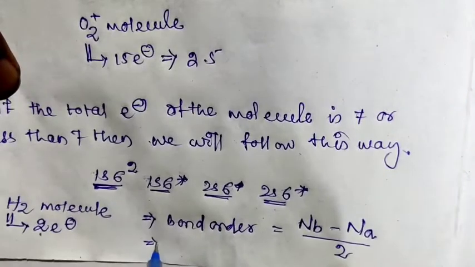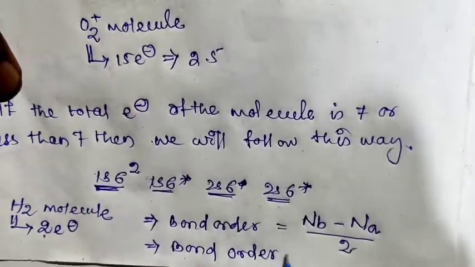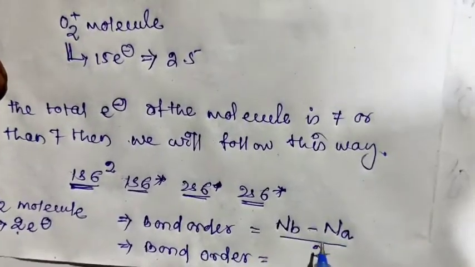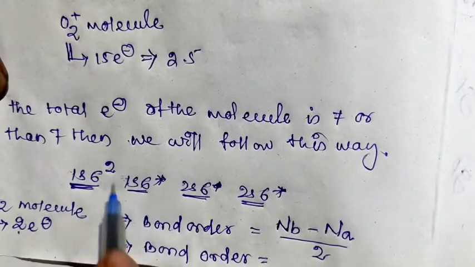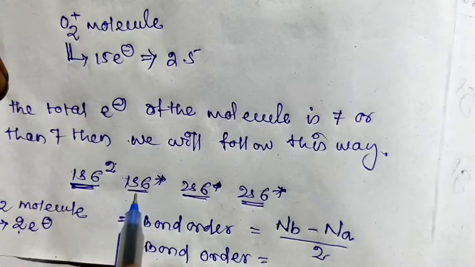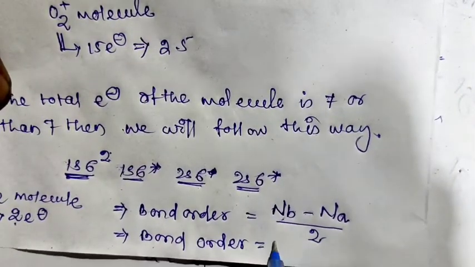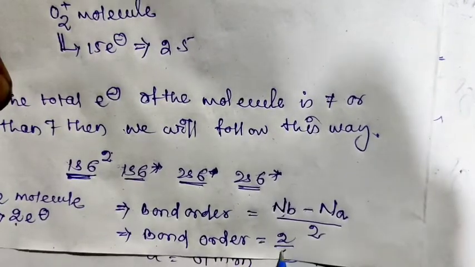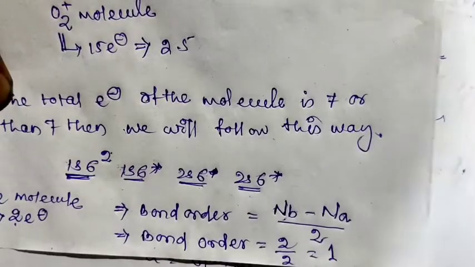Here, there are 2 electrons present in the bonding orbital and no electrons in the anti-bonding orbital. So 2 divided by 2, we get 1. So it has bond order 1.